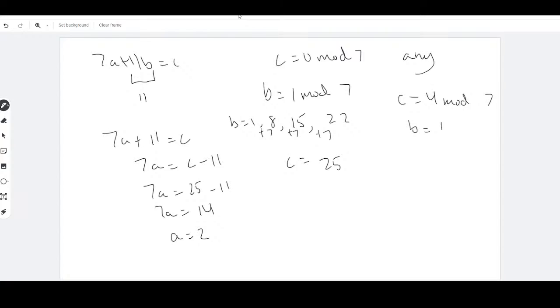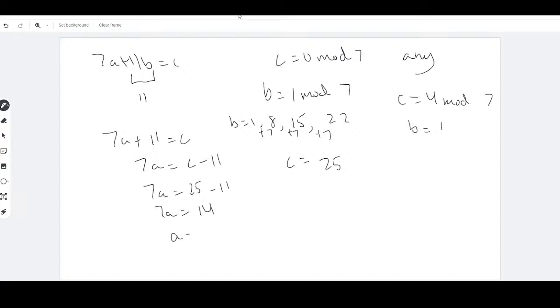So basically, with any c that is 4 mod 7, we can always get a solution for a, because whatever is 4 mod 7, minus 11, will always be 0 mod 7. Because 11 itself is 4 mod 7, so something that is 4 mod 7 minus another 4 mod 7 will always give you 0 mod 7.